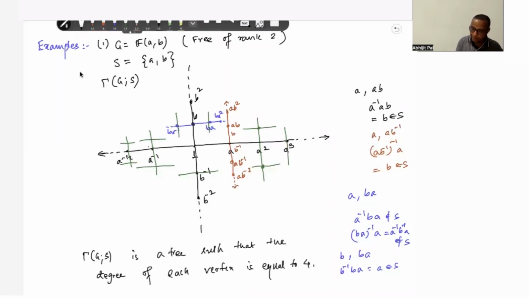So in fact, it is an infinite regular tree, such that the degree of each vertex is equal to 4.